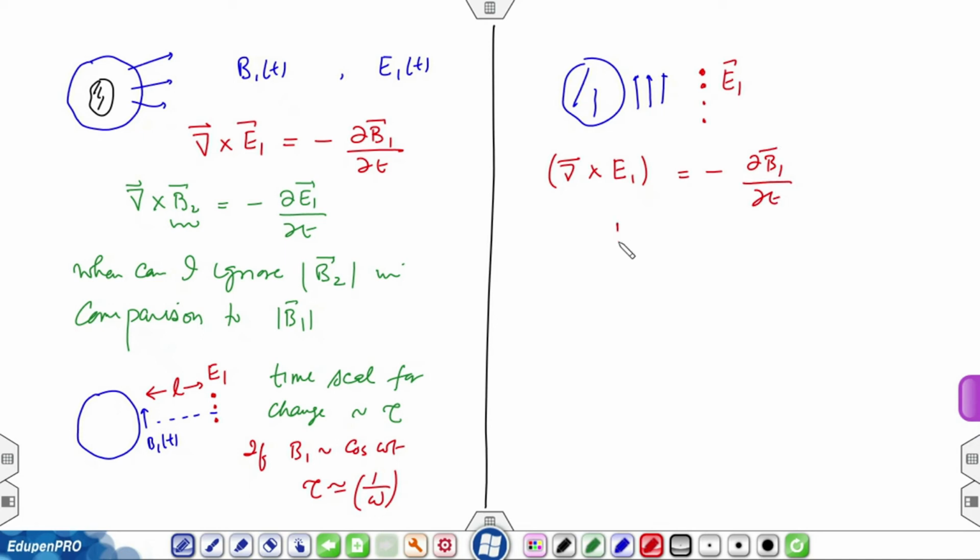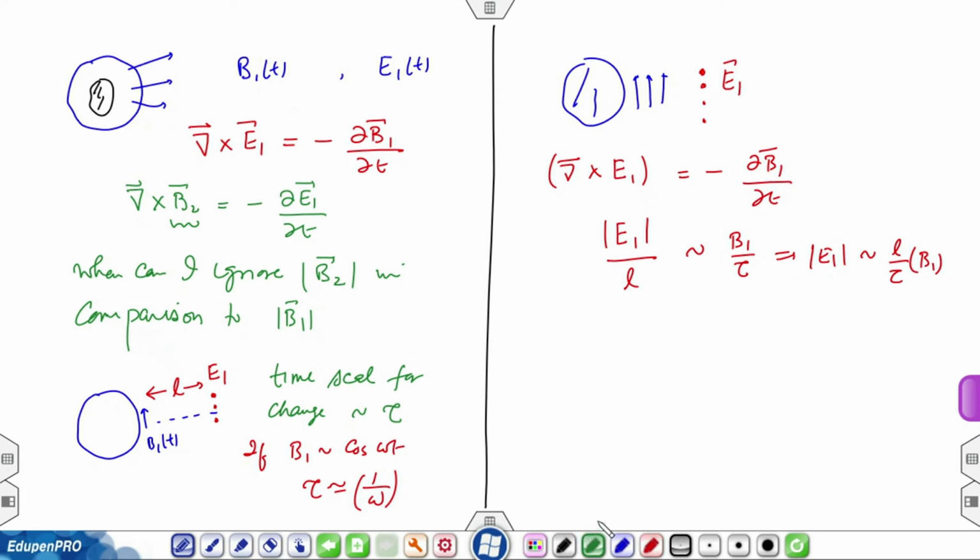Curl of E1 I can write as E1 magnitude by L from the magnitude point of view, because L is over which it will change. And this is of the order of B1 over tau. So, I have mod E1 of the order of L over tau times B1.